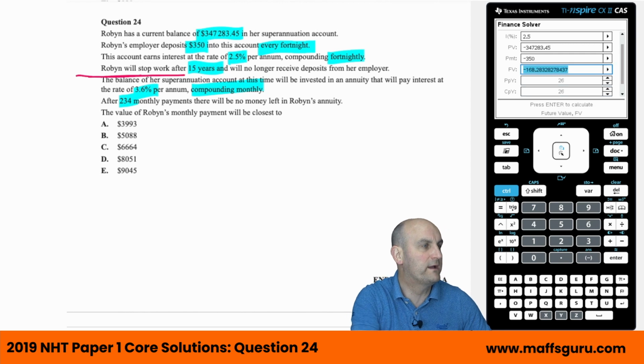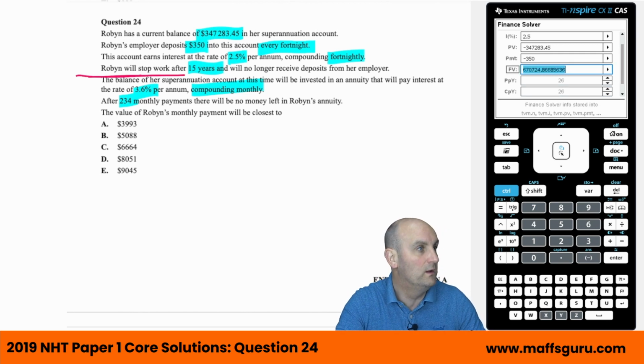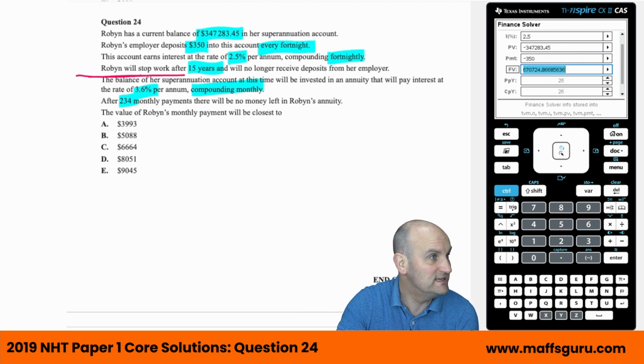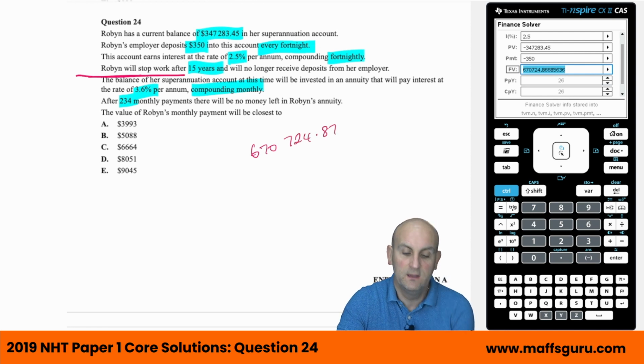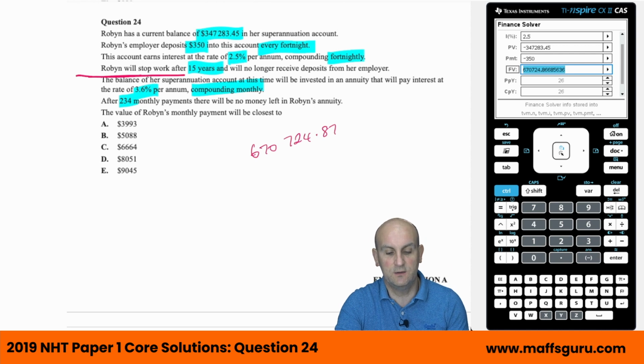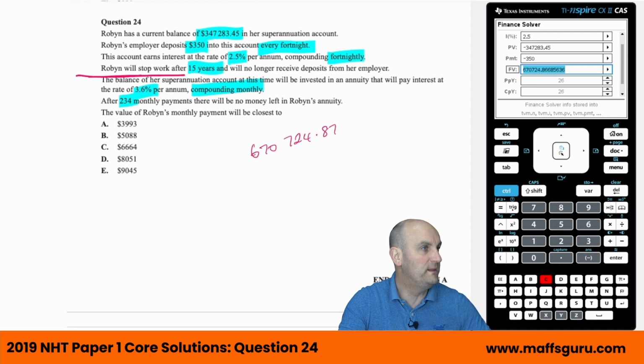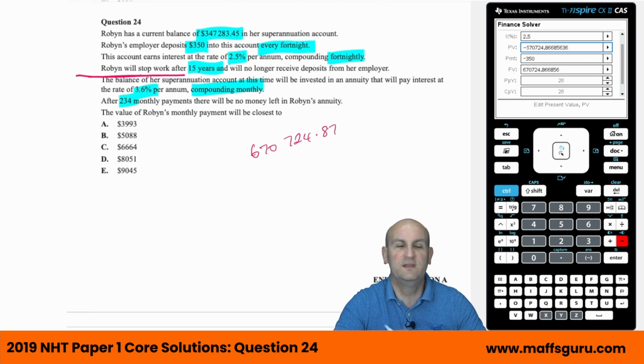So if I now go back to the future value of her investment, that's how much she's going to have after 15 years. 670,724.87. So now we're going to change conditions, yeah? Her superannuation account at this time will be invested in an annuity. So I'm going to copy that value back to my principal value. I'm going to make it negative because that was effectively a minus, we've given it.